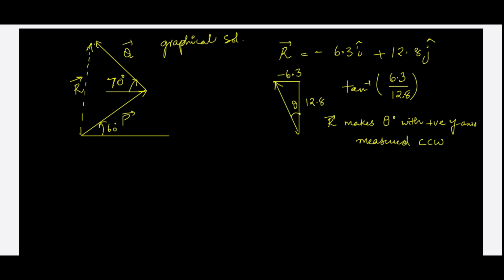So you are measuring from the positive y-axis counterclockwise this way, right? That is how you give your answer. You can't simply leave it at minus 6.3 i cap and 12.8 j cap. You also have to get the angle for the resultant vector.